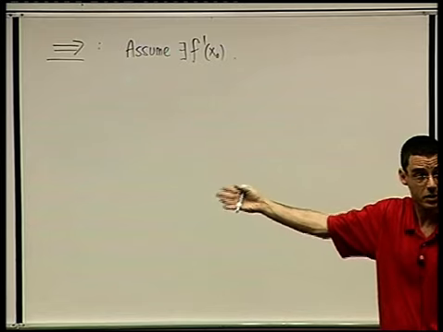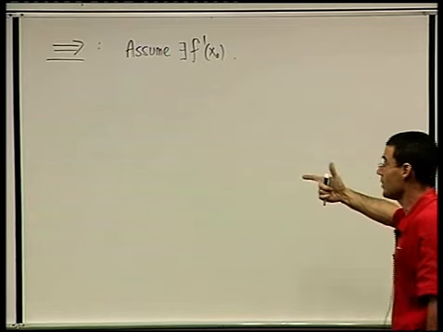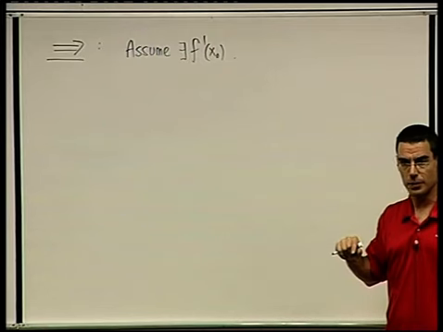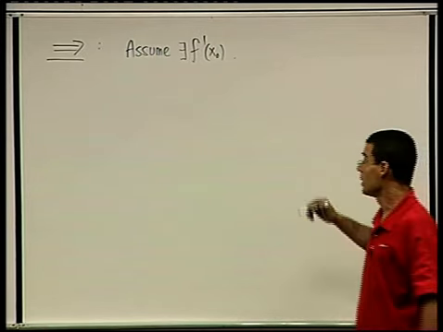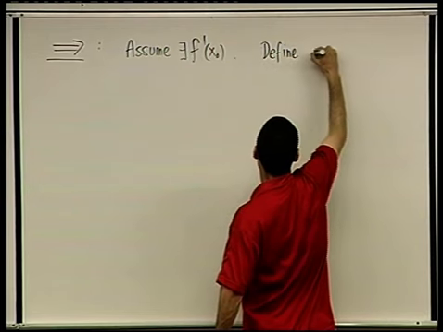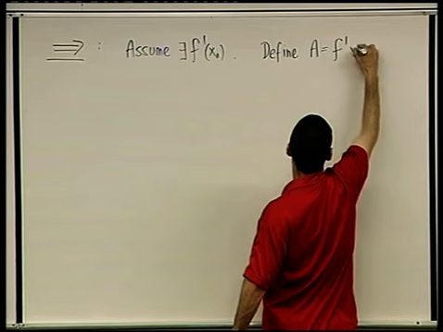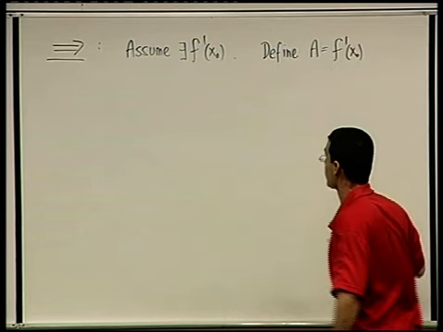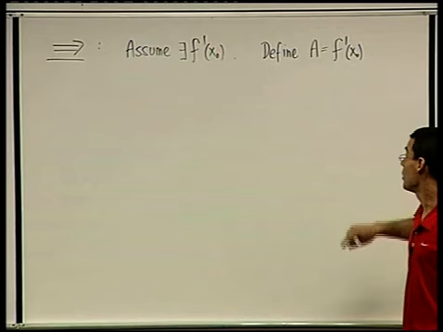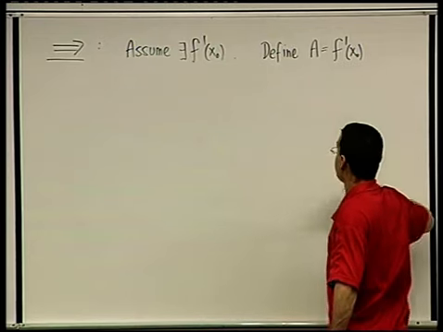Those are the ingredients in star. But the proof of the other direction told me what the A I'm looking for is, right? A is going to be the derivative. So define a equals f prime at x0. F prime at x0 exists. That's the assumption of this direction. Okay? I'm going to call it a.